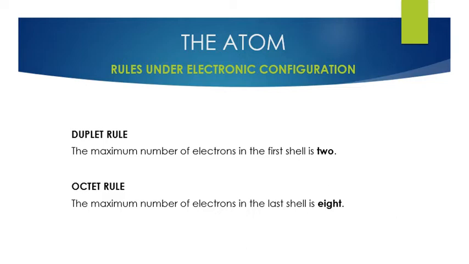That also applies to the octet rule. However, it involves the last shell, but still, because of its prefix oct, it involves the number 8. Enough of those rules. Now let's look at how we can form an electronic configuration.